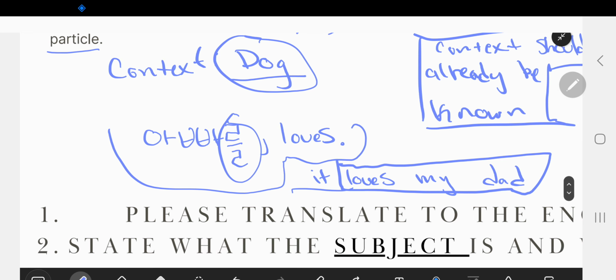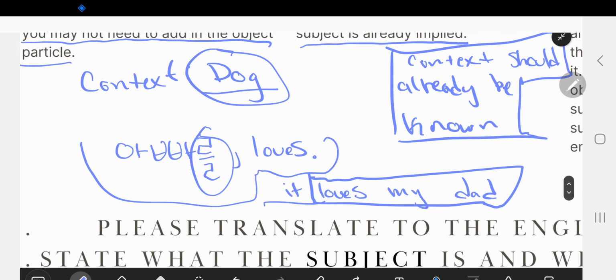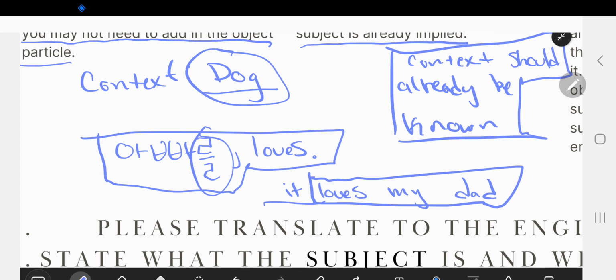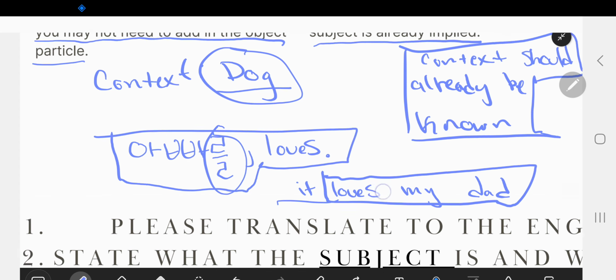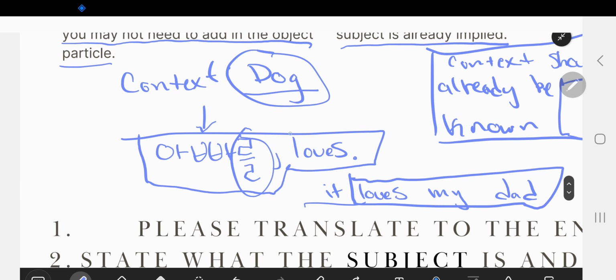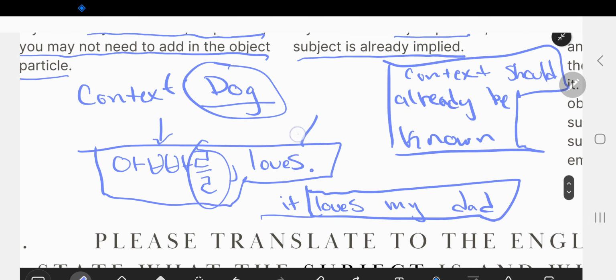Or, if it's a female or a male, then you would say he or she loves my dad. And this would be a whole full sentence. So I only needed to say the object, and then I only needed to say the verb, and I know exactly what you're talking about because we're already talking about that dog.